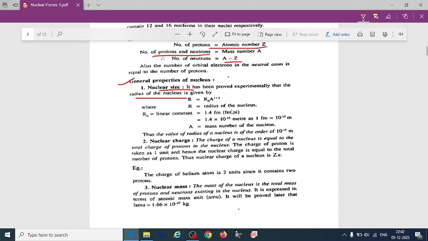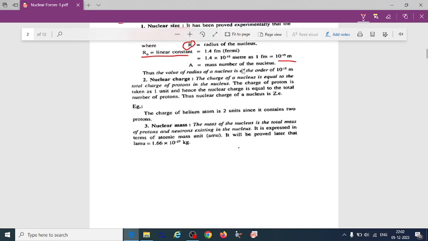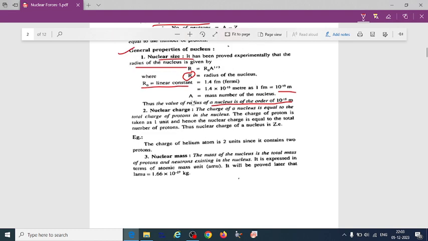Here capital R is the radius of the nucleus, and R naught is a constant, equal to around 1.4 fermi, where fermi is 10 to the power minus 15 meter. A is the mass number of the nucleus. So the radius of the nucleus is of the order of 1 fermi, that is 10 to the power minus 15 meter.